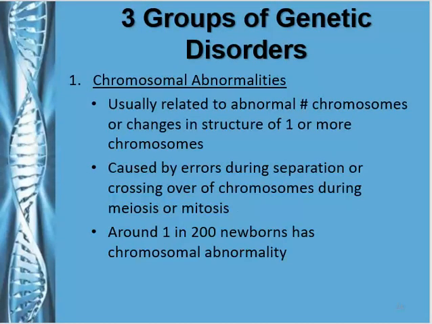So if there's a chromosomal abnormality, a problem with one or more chromosomes, and it happens during the separation or crossing over, there can be this chromosomal abnormality.